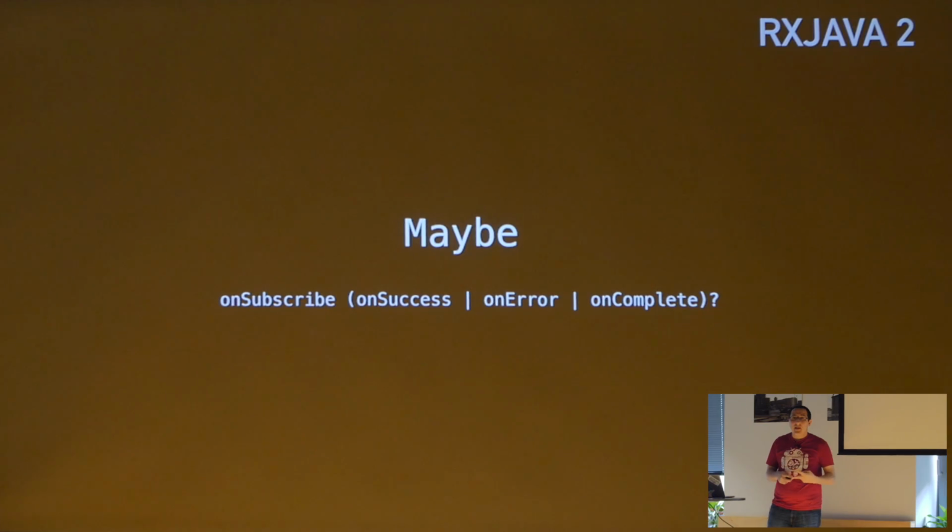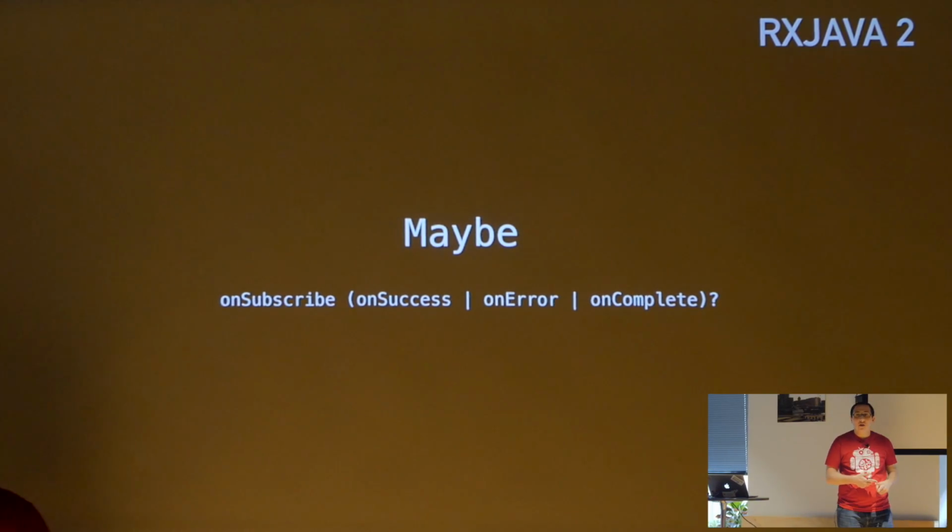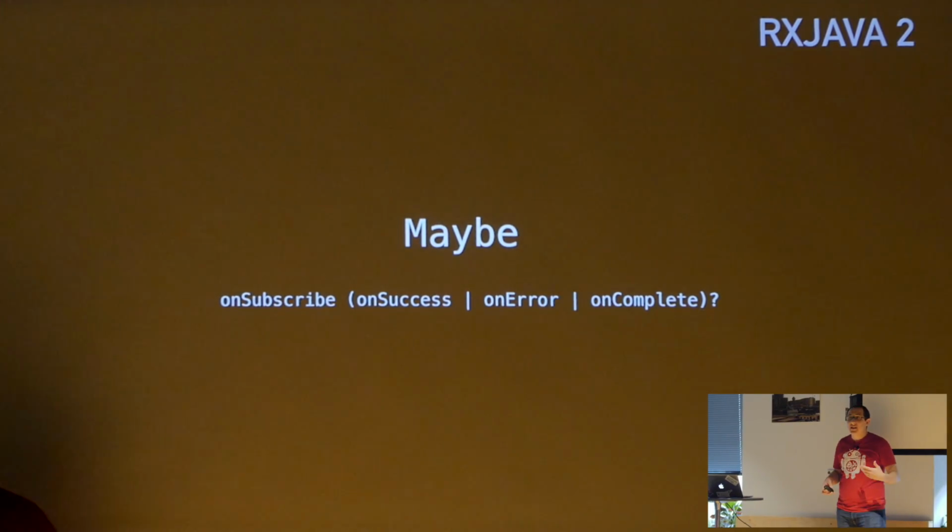When we migrate from RxJava to RxJava 2, we will see that most of the operators we might have used are not returning observable anymore. They may be returning single or maybe. And those are the major breaking changes in RxJava 2. So our chains are not the same anymore.